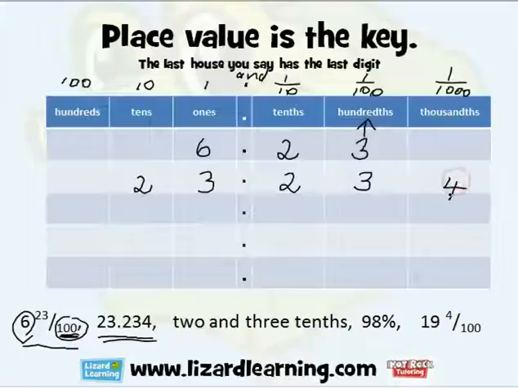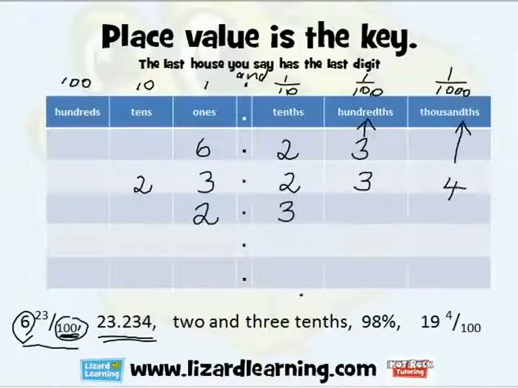So to say that as a fraction, you would say 23 and 234 thousandths. Last digit tells you what to say. 2 and 3 tenths. So we've got 2 ones and 3 tenths. There's the tenths, 3 tenths. Fantastic, all done.